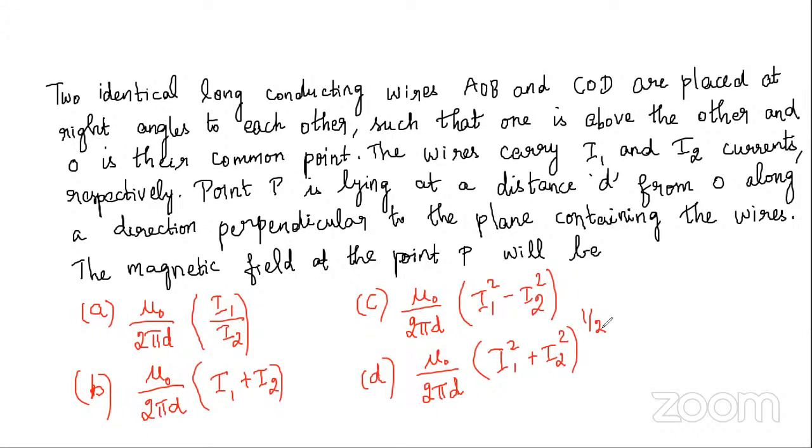The magnetic field at the point P will be. This is our question. So how we are going to proceed with this thing? First of all, we need to make the diagram and then we should proceed. So let me do the diagram in the next page.